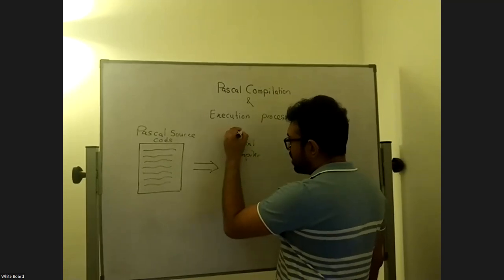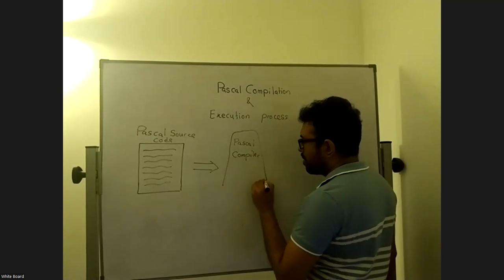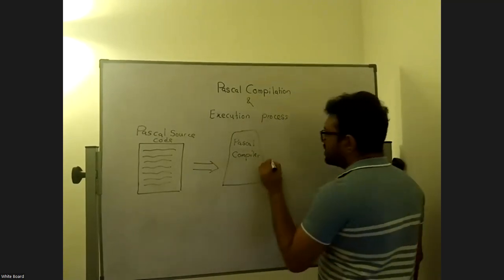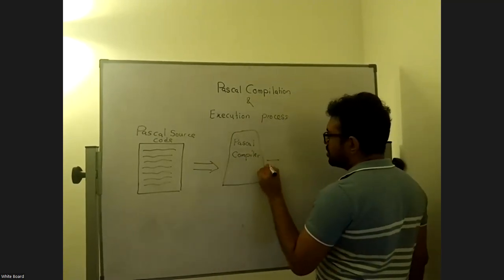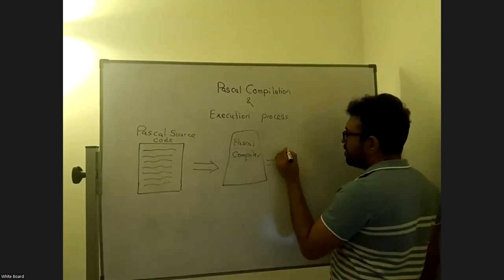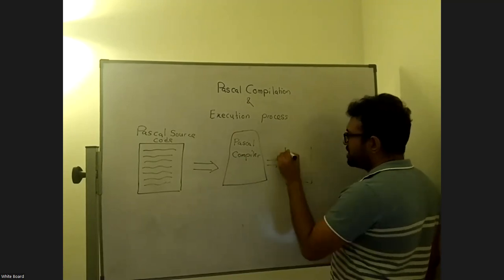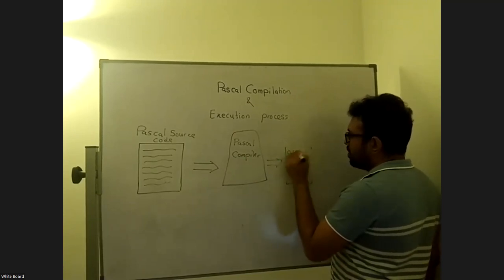There's another program which converts this source code to the machine language. Machine language has ones and zeros.